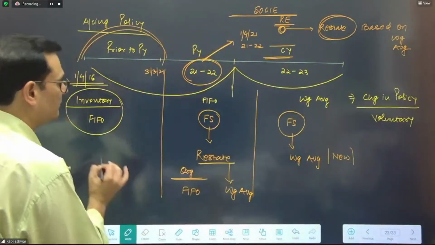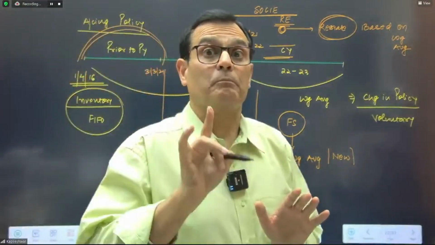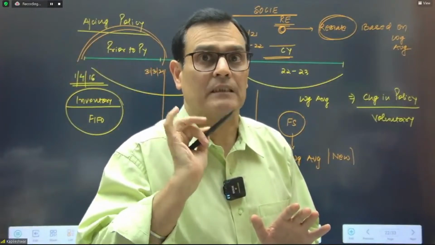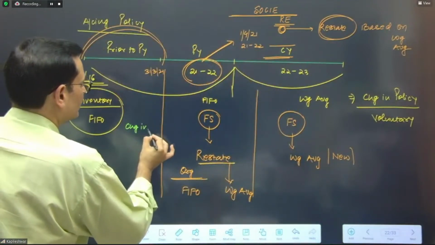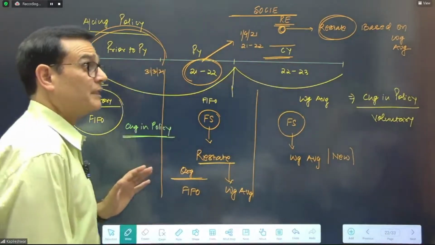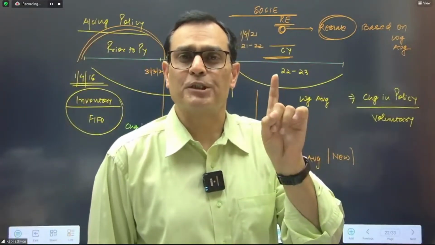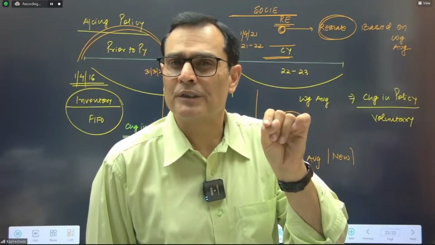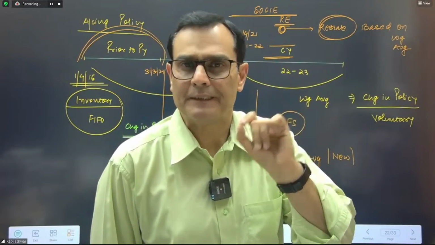Now, one more thing you need to keep in mind. Please hear the words carefully: if a company makes a change in policy, and this is something very important based on Ind AS 1, number one, ask yourself: does it have an impact on the asset and liability?